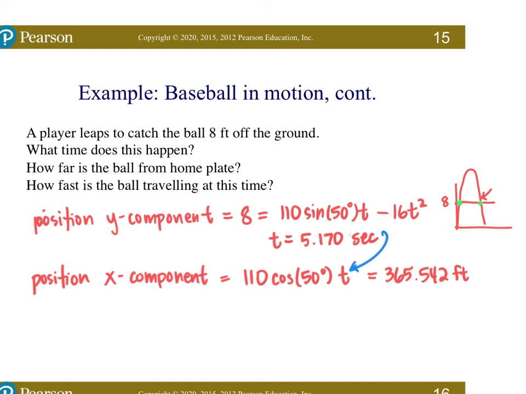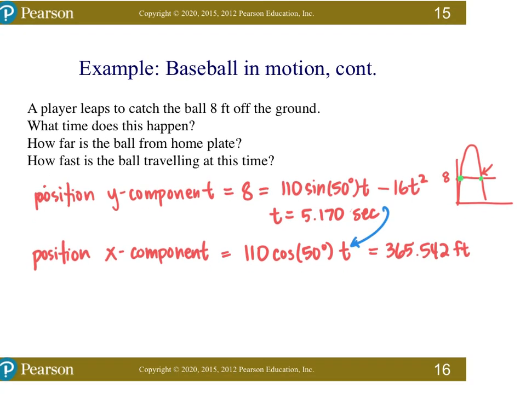Finally, how fast is the ball traveling at this time? So now we're talking about speed. So we need to get our velocity vector. So our velocity is 110 cosine 50 degrees without the t.